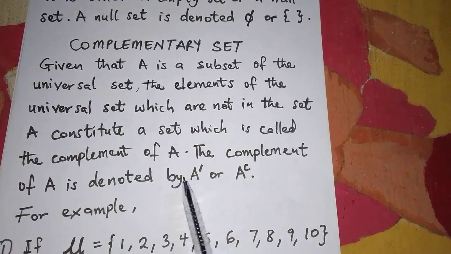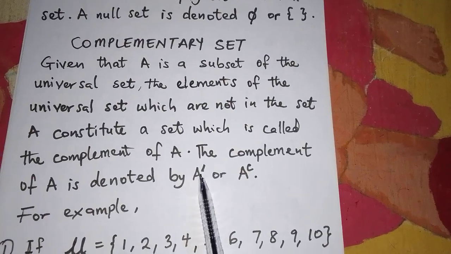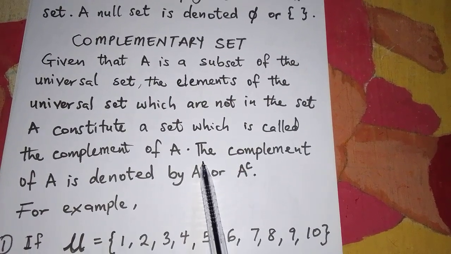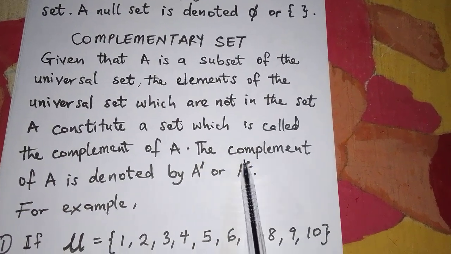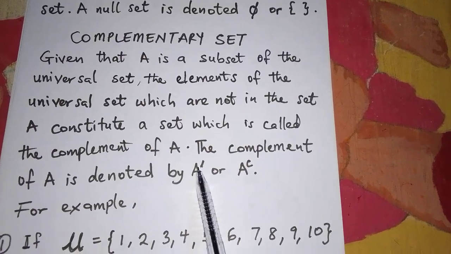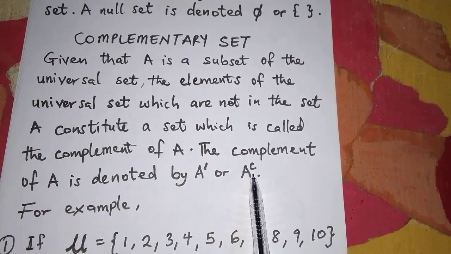Assuming we have set A, the complement of set A can be shown with an apostrophe or a C on top.